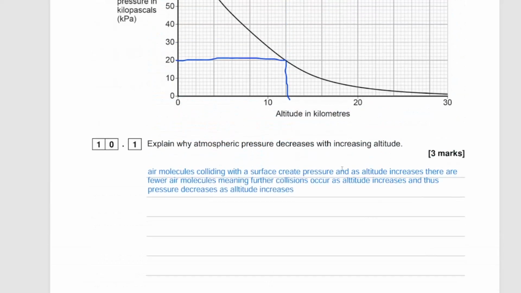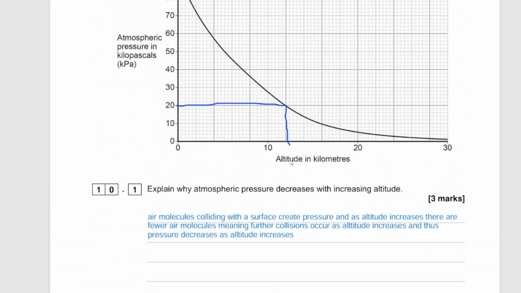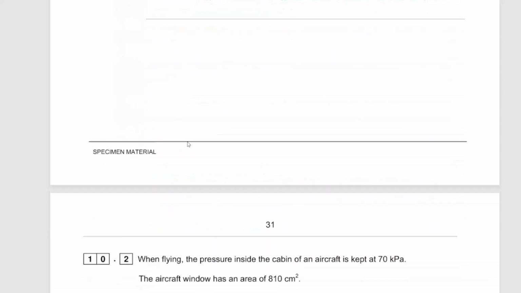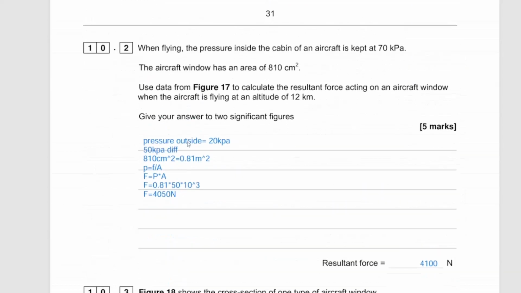So basically, 12 kilometers above sea level, you go across, and you work out the atmospheric pressure outside the plane is 20 kilopascals, and inside the plane it's 70. So there's a pressure difference of 50 kilopascals.